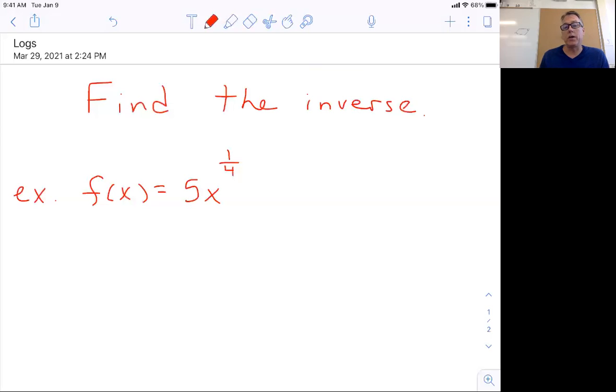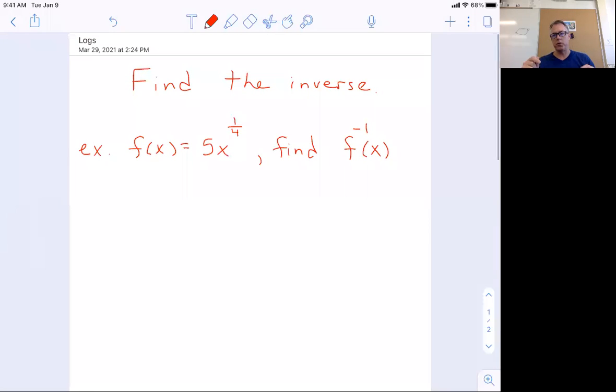So that's our function, 5x to the 1/4. We want to find its inverse. Well, the way that's denoted is we would do f and then this little -1 right here. This means the inverse of f. So we're given the function 5x to the 1/4, and we want to find its inverse. All right, an inverse undoes the original function.